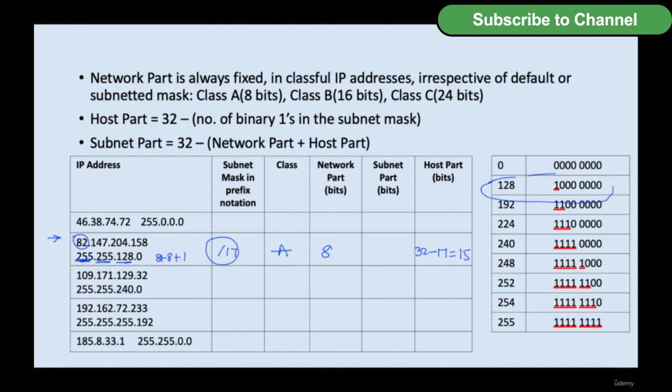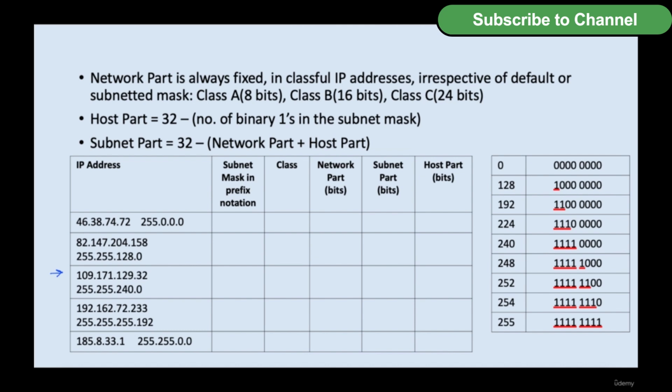Okay, and then subnet part is 32 minus 8 plus 15, it gave me the value 9. So if I count this 8 and 9 all together, 17 and 15 more, it is 32. So it is verified that our calculations are correct.